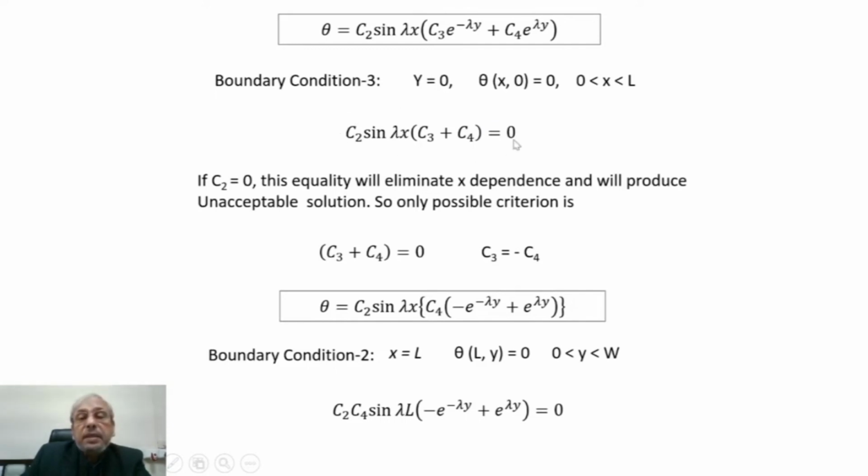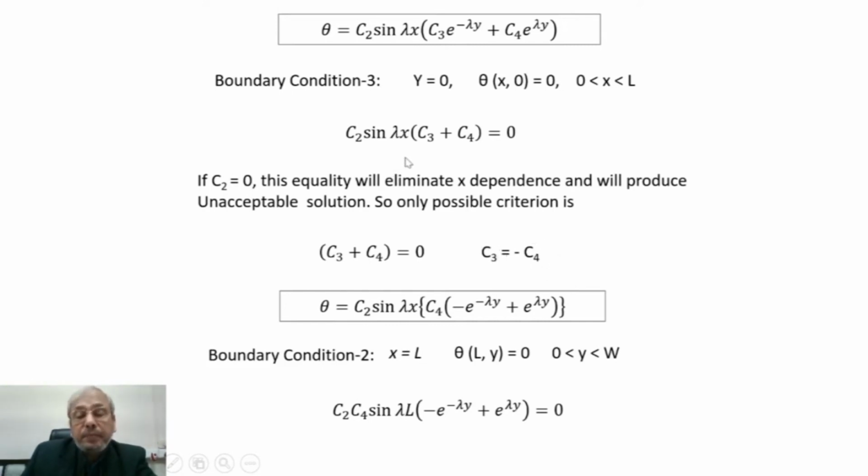Now in this equation, if C2 equal to 0, then we will eliminate the x dependent part of the solution altogether, because C1 is 0. If C2 is 0, there will be no dependence on x. So this is unacceptable. That means the bracketed terms together are 0. So C3 plus C4 equal to 0, that means we can write C3 equal to minus C4.